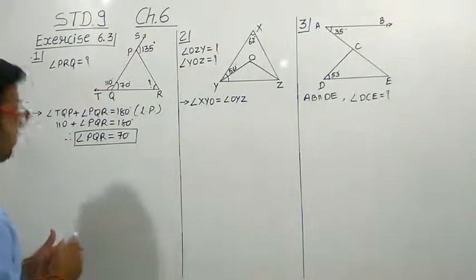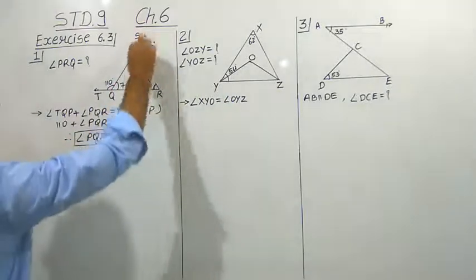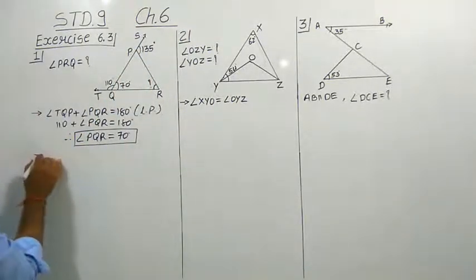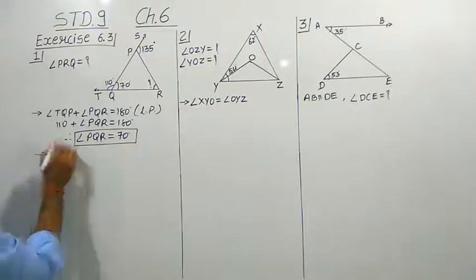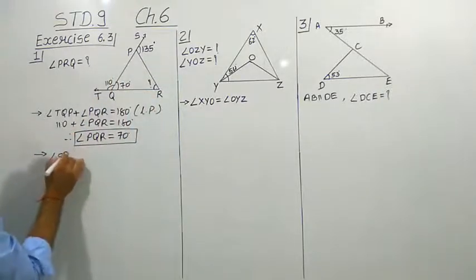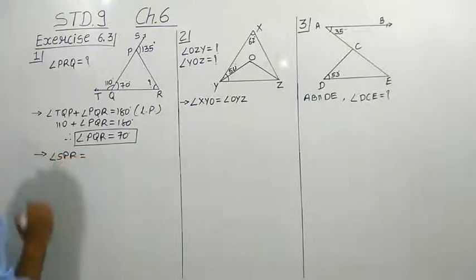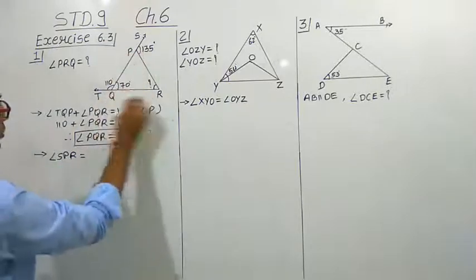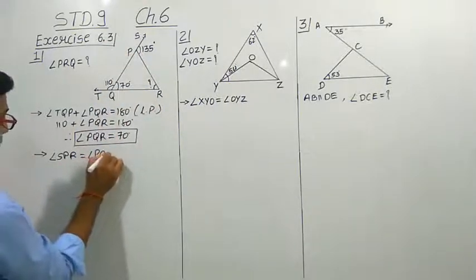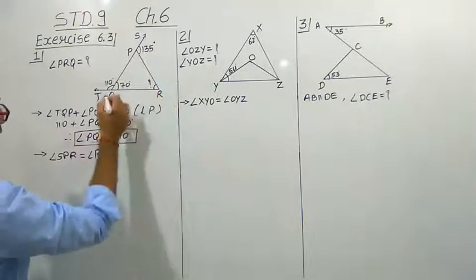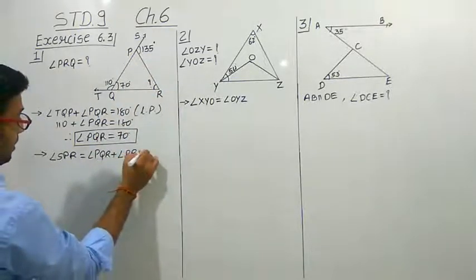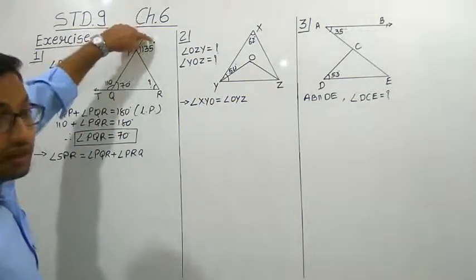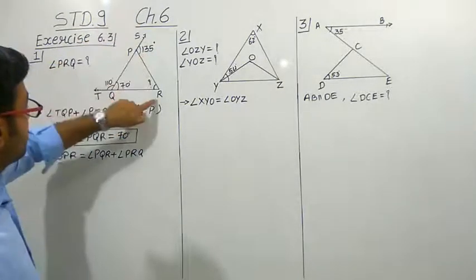Now we want to use this exterior angle SPR, right? According to the exterior angle property, we can write that angle SPR is equal to the addition of the opposite angles. So angle PQR plus angle PRQ, both are the interior opposite angles for this exterior angle, right? So this is equal to the addition of these two angles.